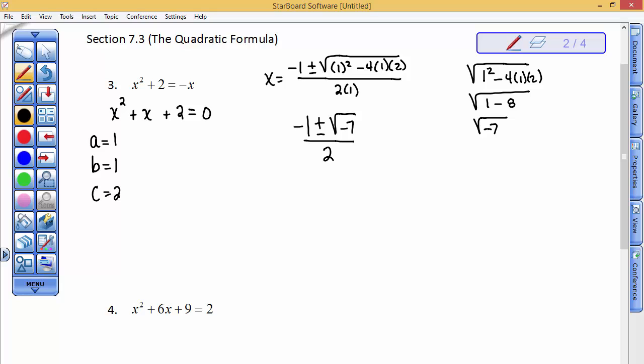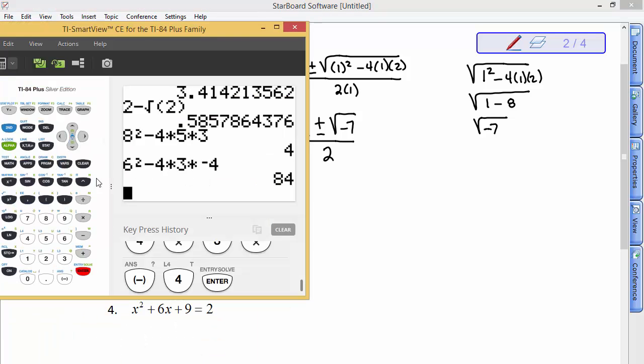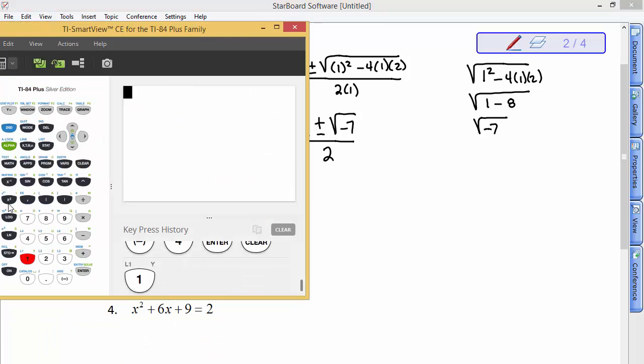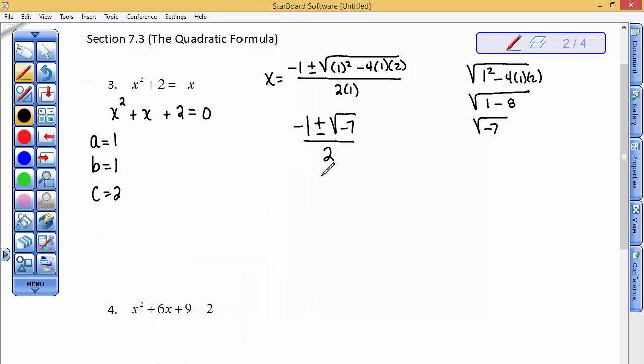I just want you to check this. Under your radical, we had 1 squared minus 4 times 1 times 2. So there's that negative 7 under the radical. I do need to have you take the square root of a negative 1 out from under the radical and call that j times the square root of 7, all divided by 2.